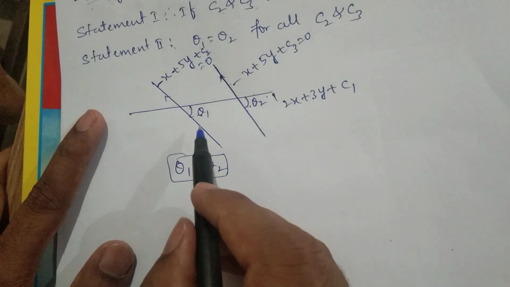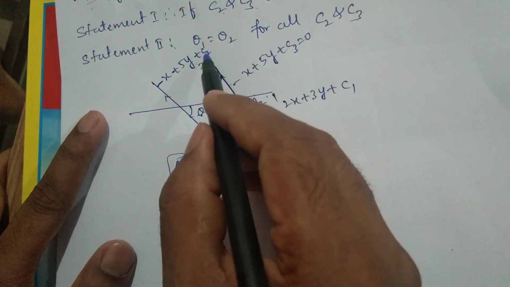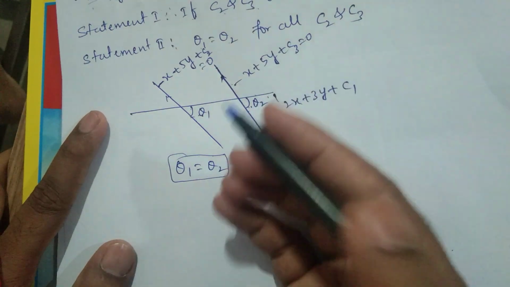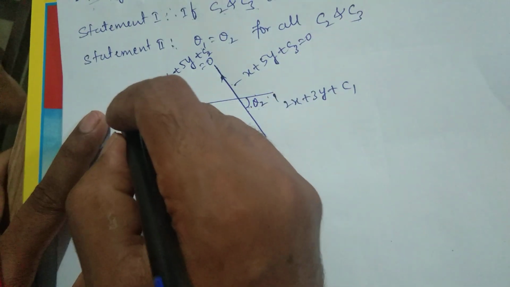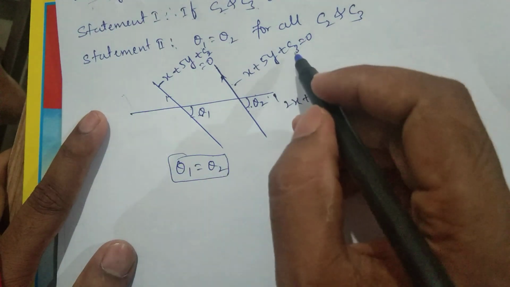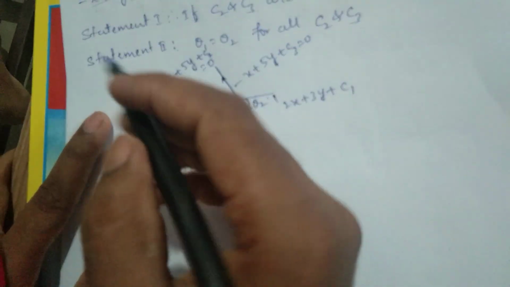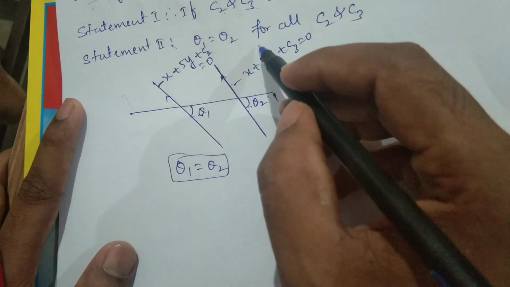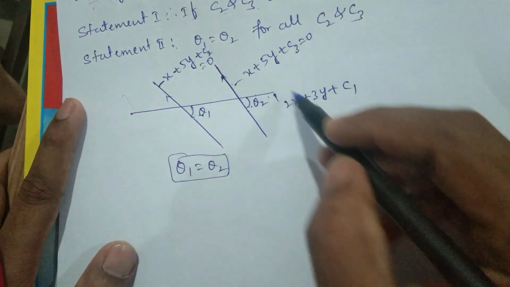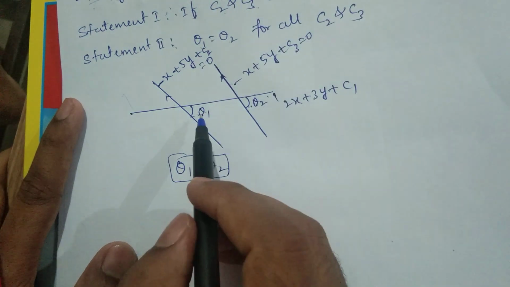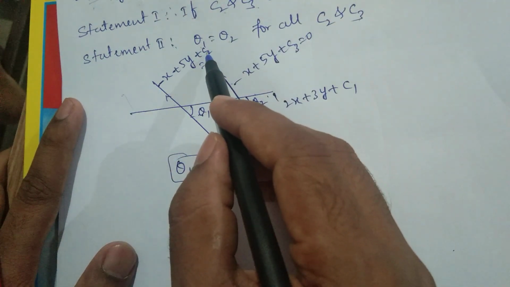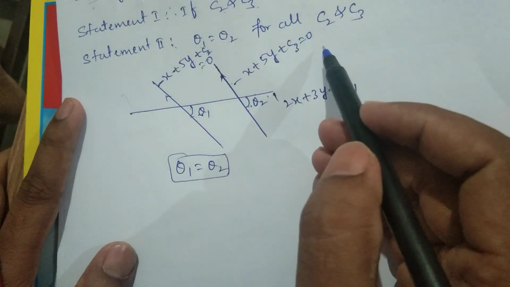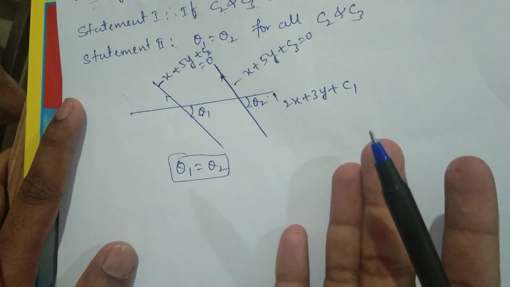Then for this equality, c2 and c3 are not affecting. If you take c3 as 5, that is also parallel, it will come. If I take c2 as something like 10, and c3 as 8, this is parallel only, it will come. It means that whatever value you take for c2 and c3, if the value changes, the angle will not change.